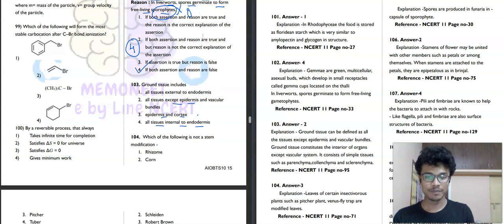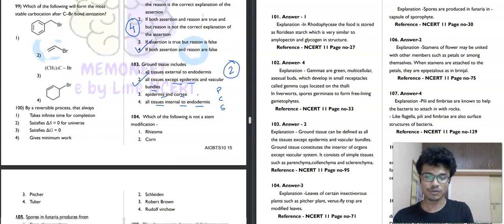It consists of simple tissues such as parenchyma, collenchyma and sclerenchyma. What is the work of ground tissue? It supports the plant structure, helps in storing molecules, and also helps in photosynthesis. These are the functions of ground tissue. So all tissues except epidermis and vascular bundle will be your correct answer.